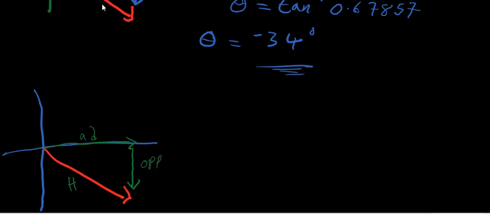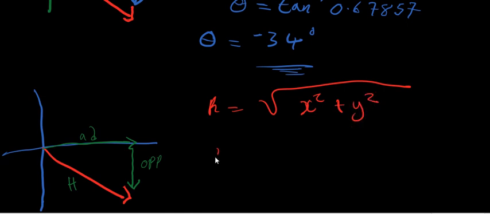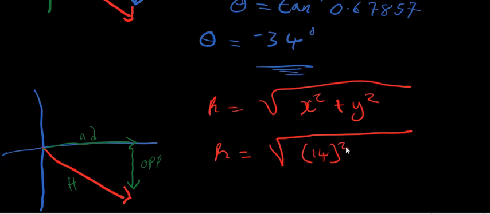We can easily work out the magnitude using the Pythagorean theorem. So r is equal to the square root of the x component squared plus the y component squared. So r is equal to the square root of 14 squared plus negative 9.5 squared.